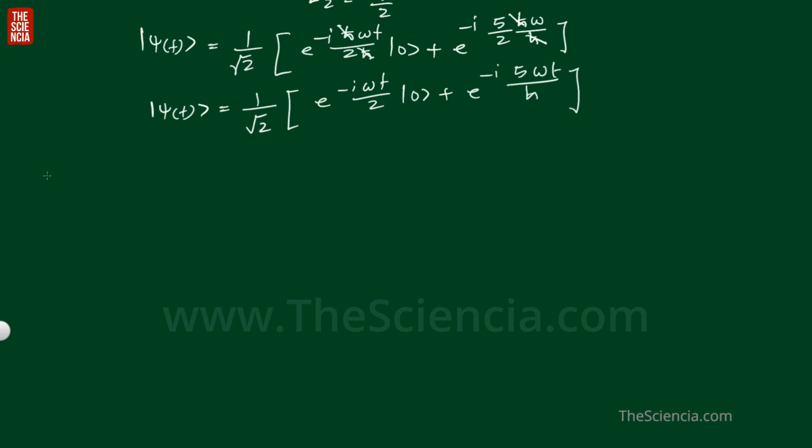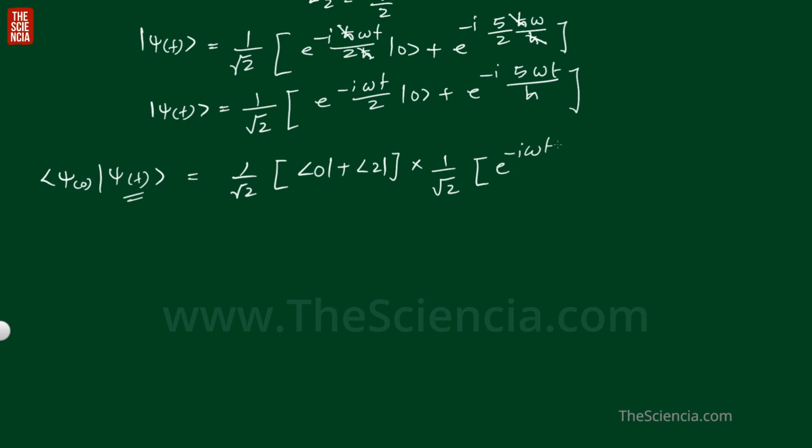Now we have to use the orthogonality condition, that is bra psi 0 ket psi of t will be equal to 0. So first we have to find out these terms. Bra psi of 0 is given, that is 1 by root 2 into (bra 0 plus bra 2), into ket psi of t, that is 1 by root 2 into (e raised to minus i omega t by 2 ket 0 plus e raised to minus i 5 omega t by 2 ket 2).